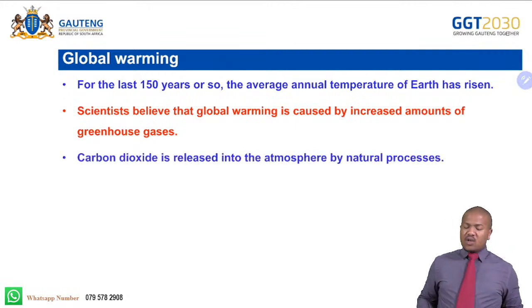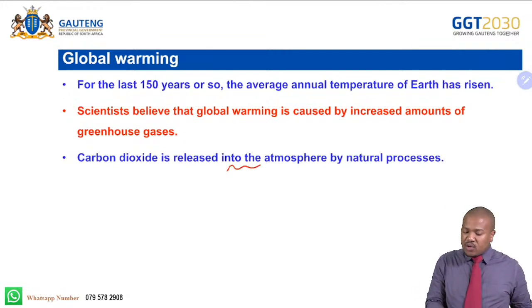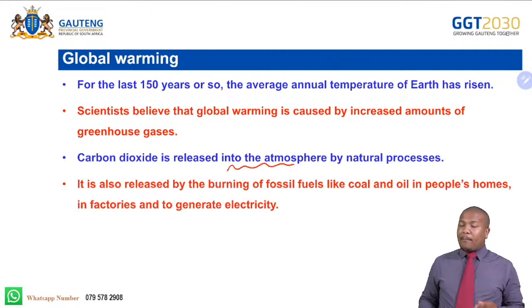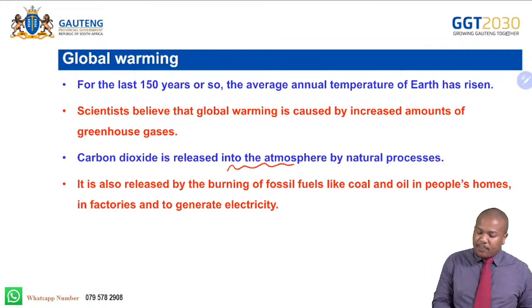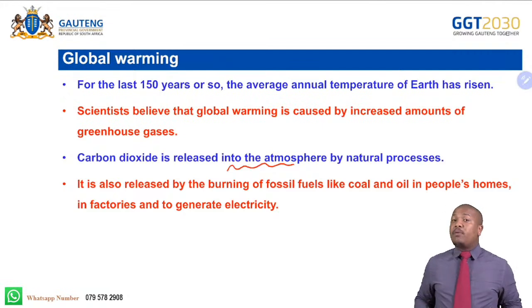One of the greenhouse gases that we have mentioned is carbon dioxide, which is released into the atmosphere by natural processes and also by the burning of fossil fuels like coal and oil in people's homes, in factories, industries, and also to generate electricity.